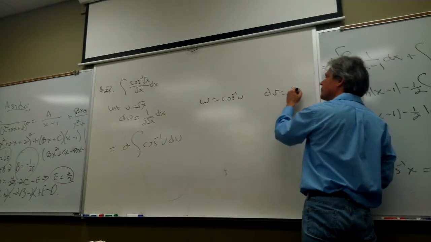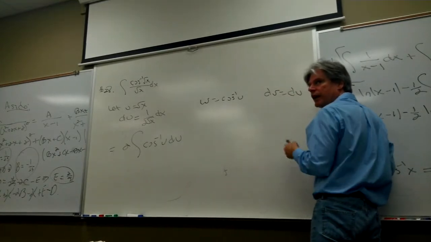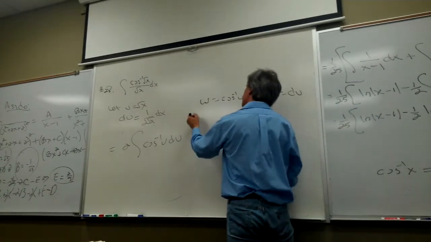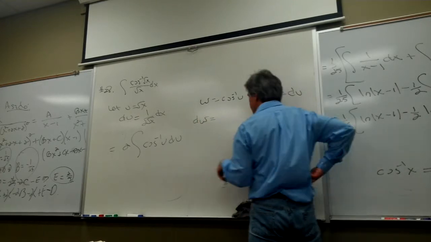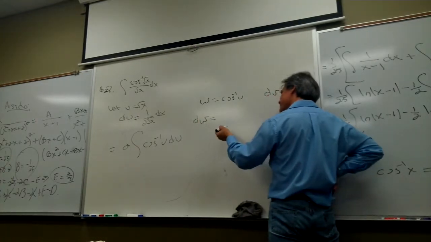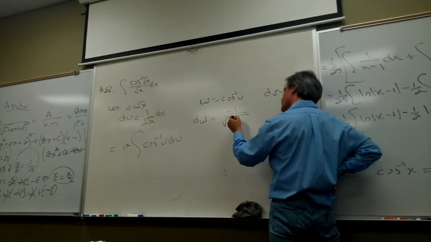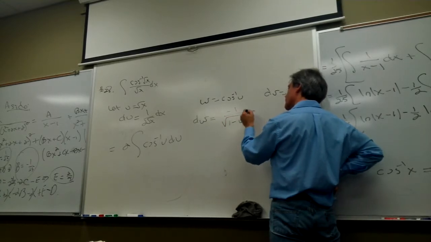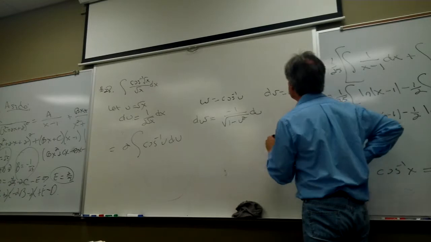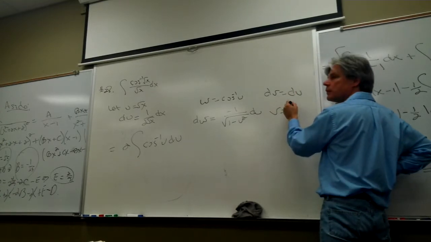Let's pay the consequence of our actions. I think dW is going to be nothing more than one over... I agree. I think that means V is going to be equal to this.